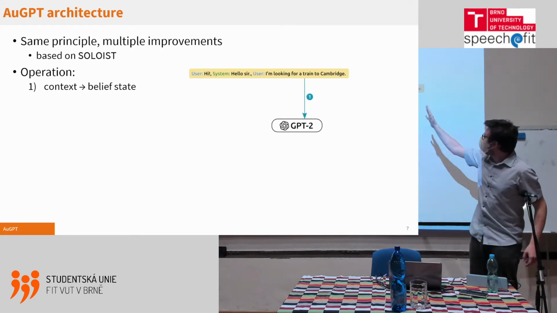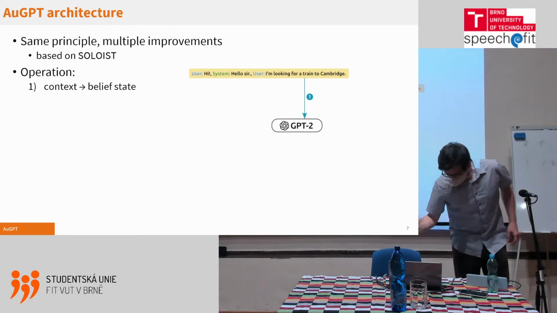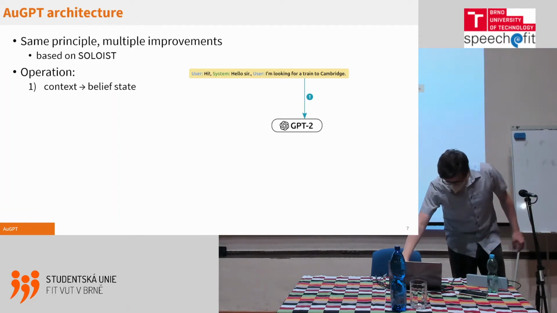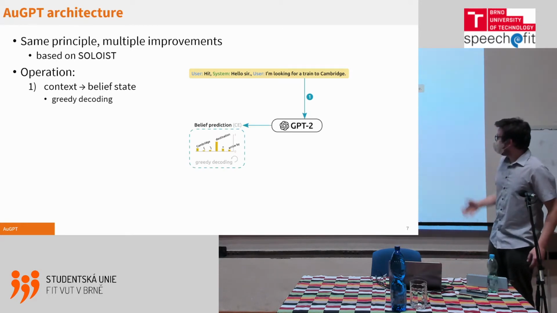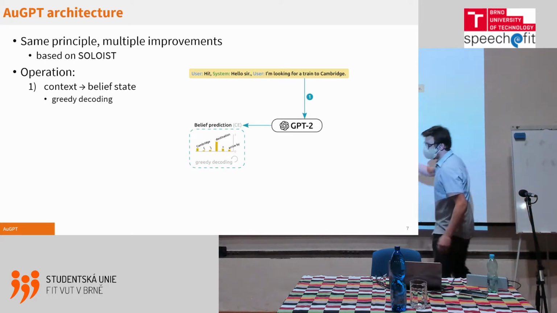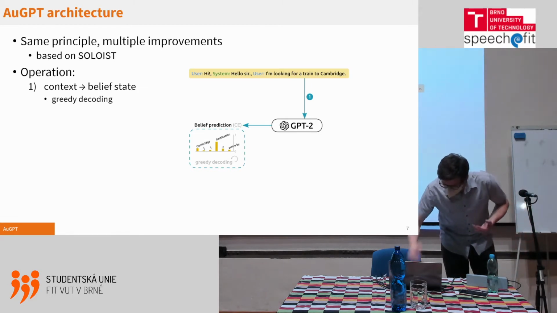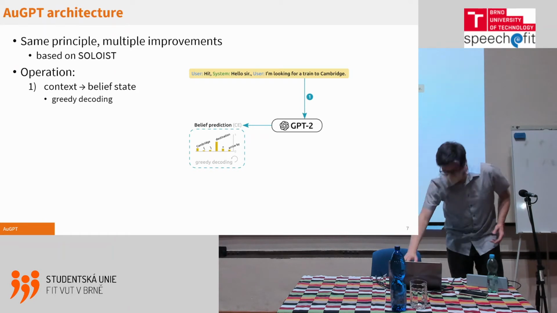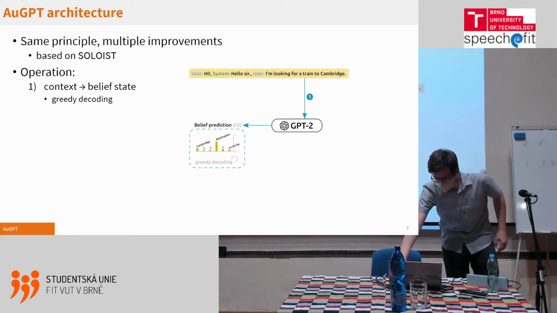But it can be any preceding dialogue context, and you just feed that to the GPT-2 language model, which is fine-tuned or further trained for this task. And you first decode the belief state, or the information about the user preferences over the course of the dialogue. We're skipping understanding single sentences. We want to understand the whole context.